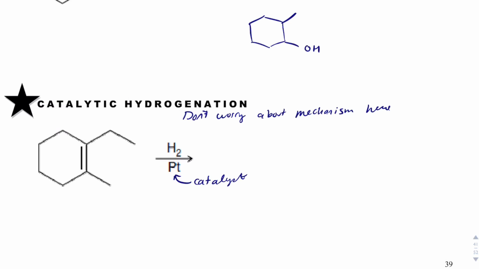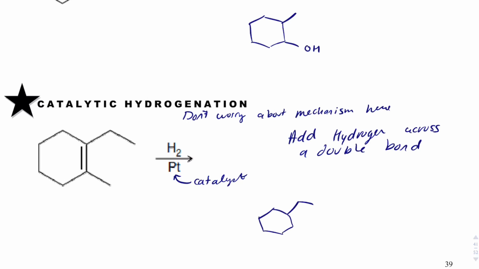And so what happens is we're going to add hydrogen across a double bond. So what we get is the same thing, except now we have hydrogen and hydrogen, which we wouldn't normally write, but I'm only writing it just to show that the double bond is essentially removed. It removes double bonds.